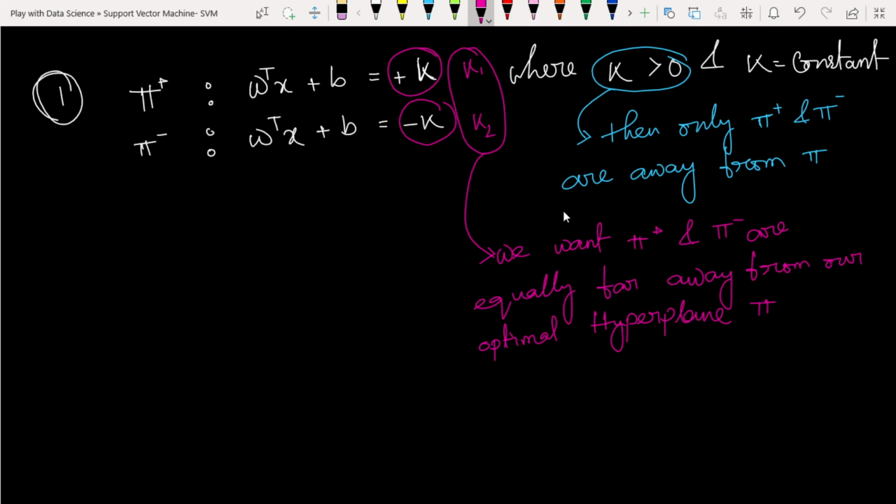Because of this, we are not taking different numbers, only an equal number, and k is positive because of this. I think it is clear now why I am taking this.